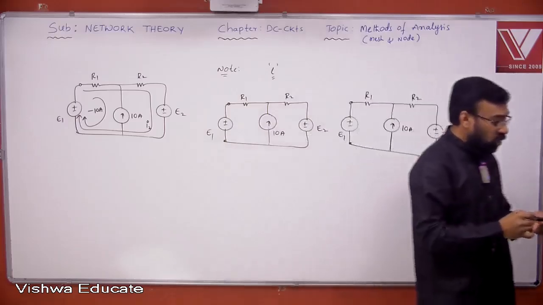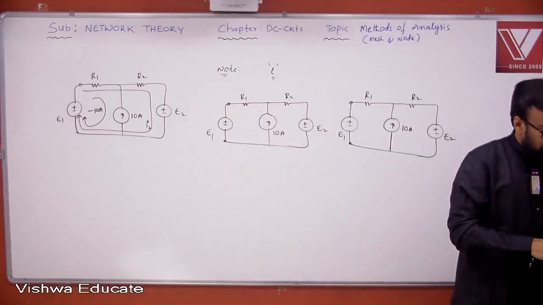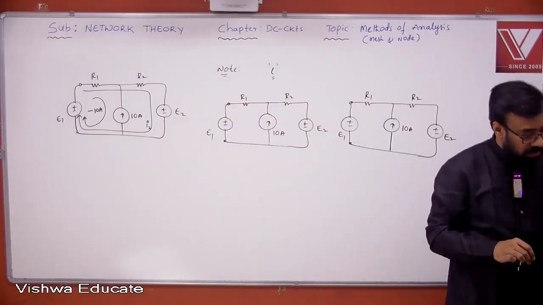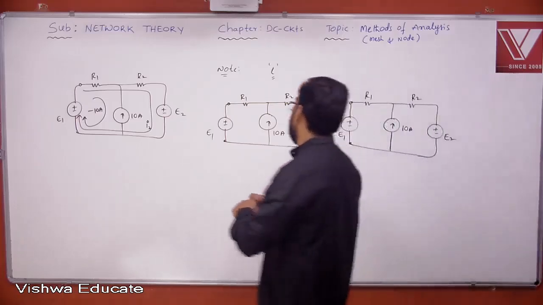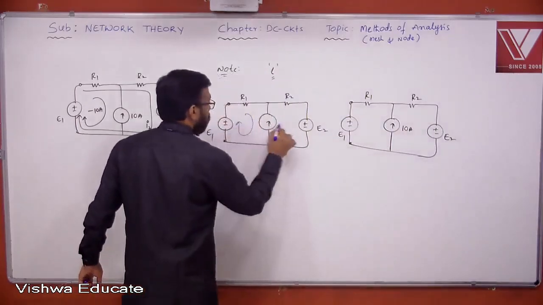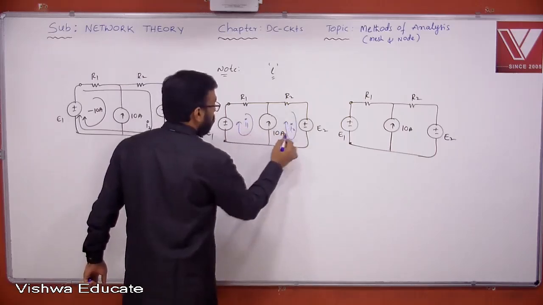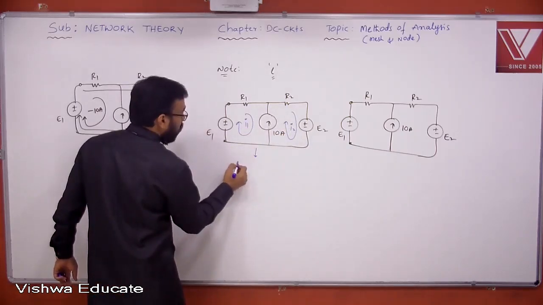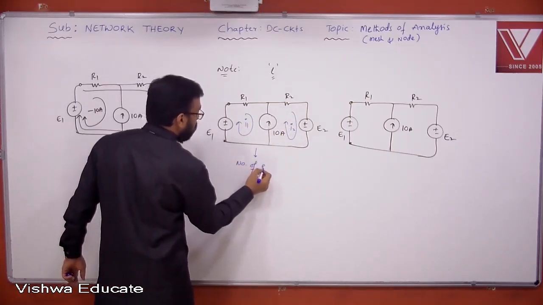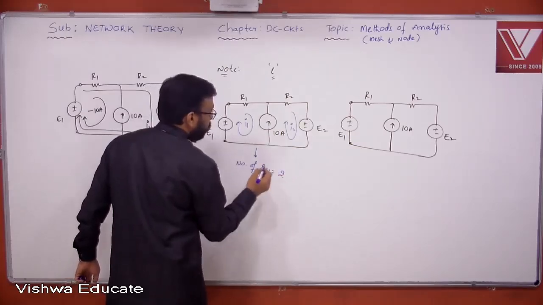If I select the loop currents like this, I1 and I2, I require two equations.